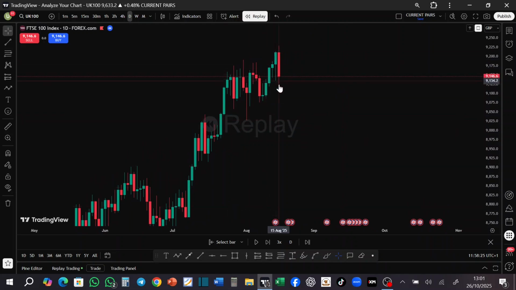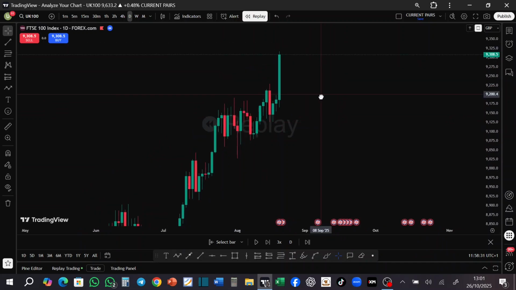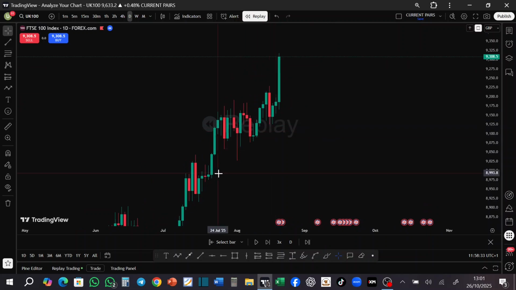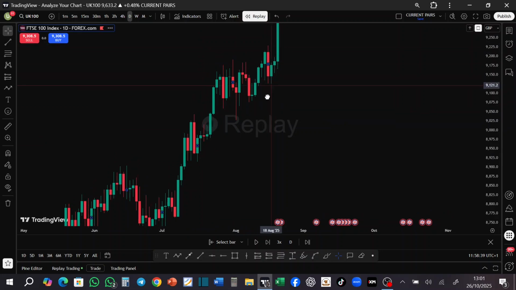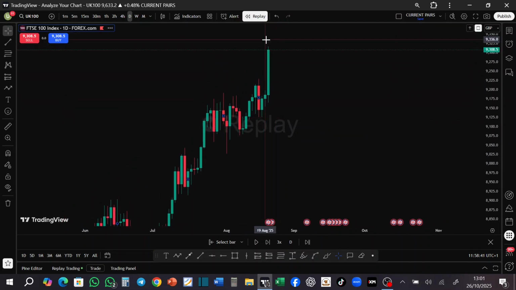Like here it has gone down. As it has gone down, you expect it to go up, and it went up. You know that the market goes up, down, up, down. So whenever I see it down, maybe it will go up. If you see it go up, it goes down.